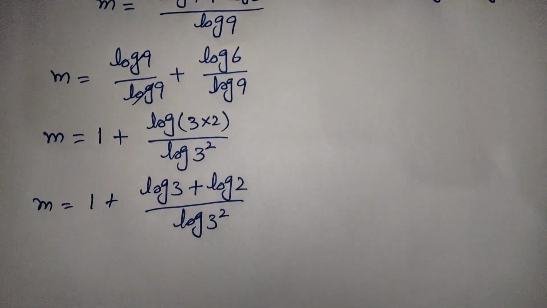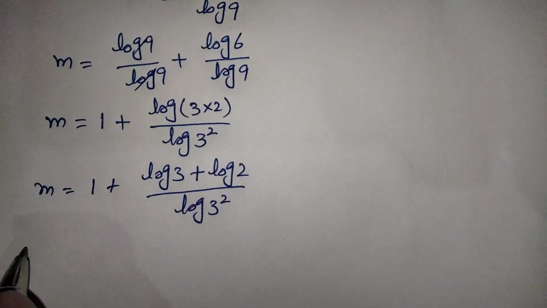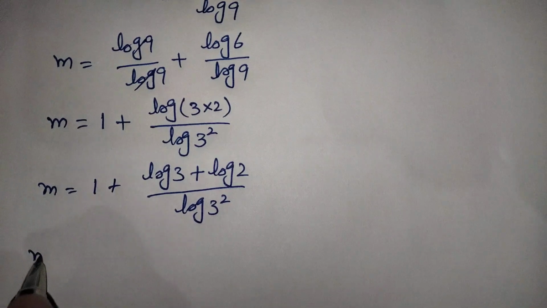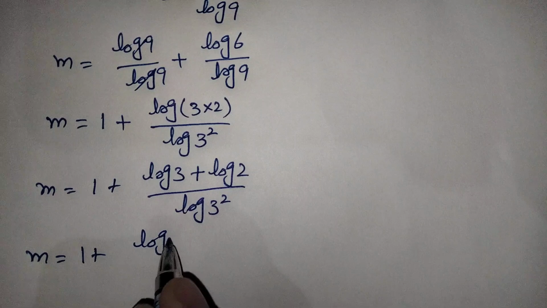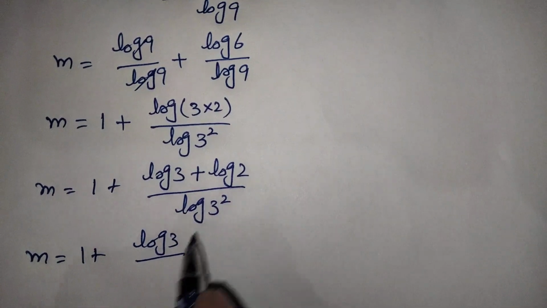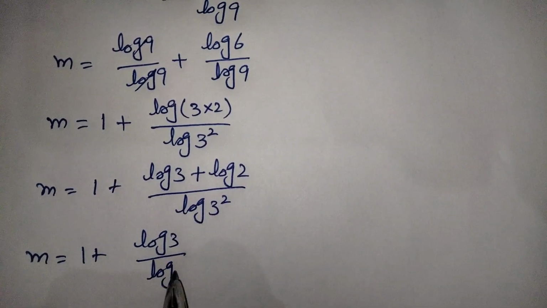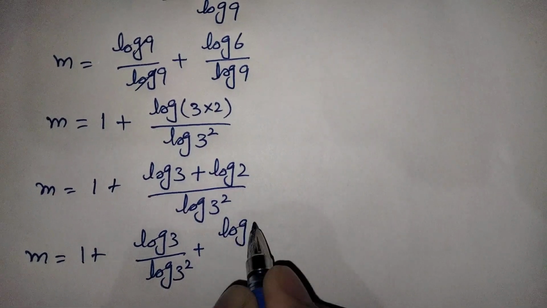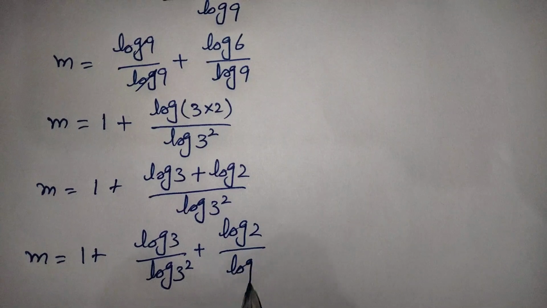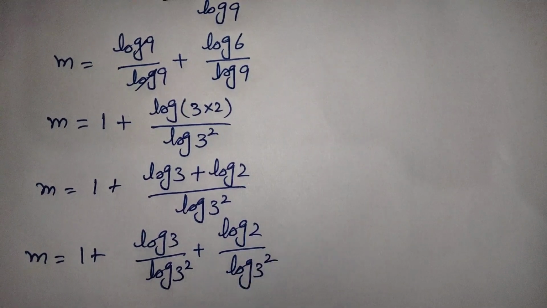Now again separating the denominator, we will get m is equal to 1 plus log of 3 over log of 3 raised to power 2 plus log of 2 over log of 3 raised to power 2.